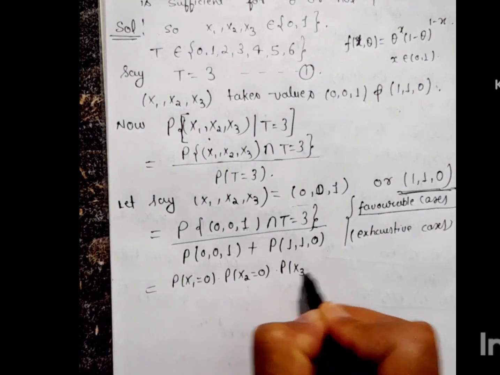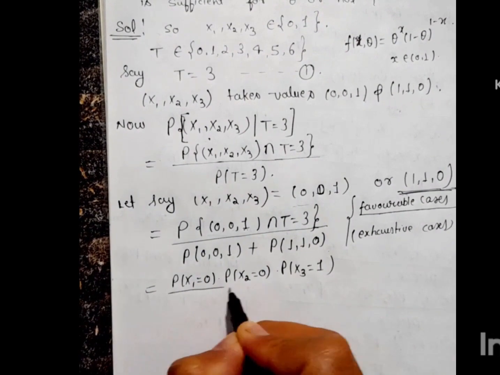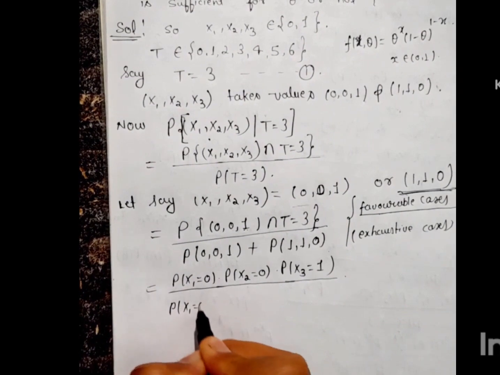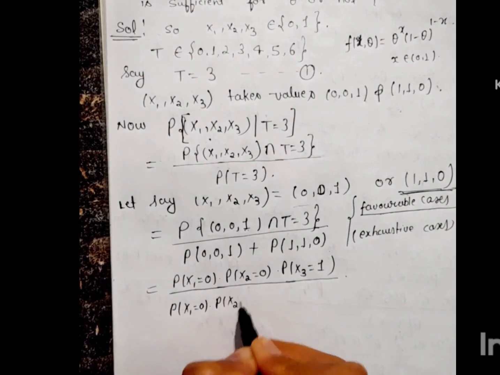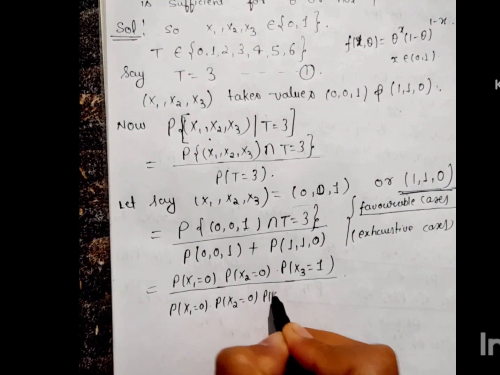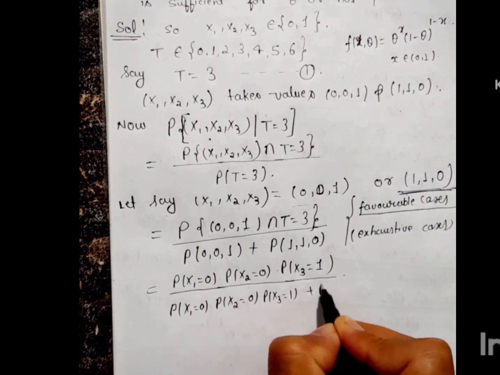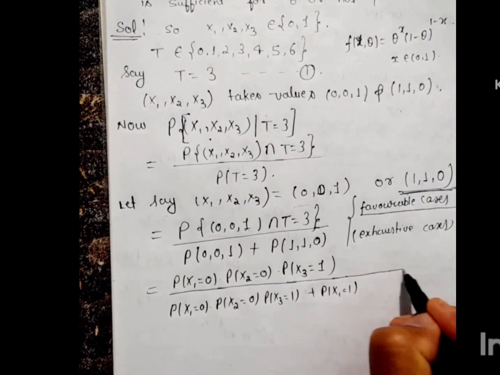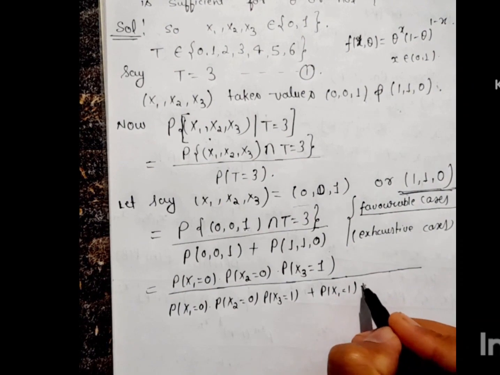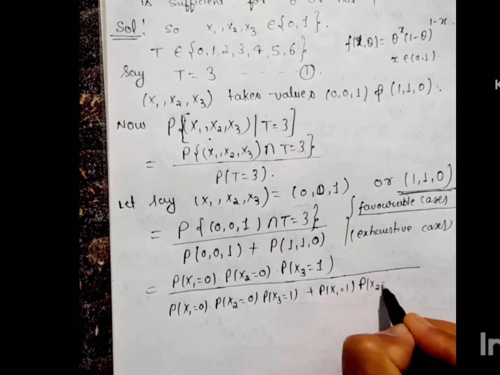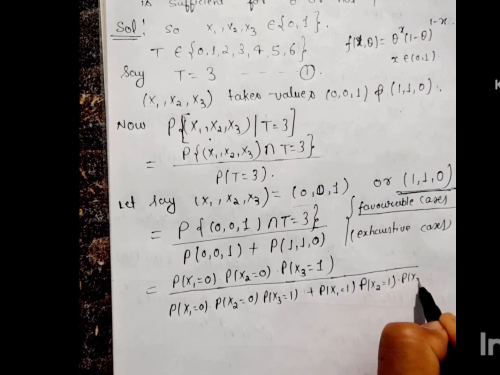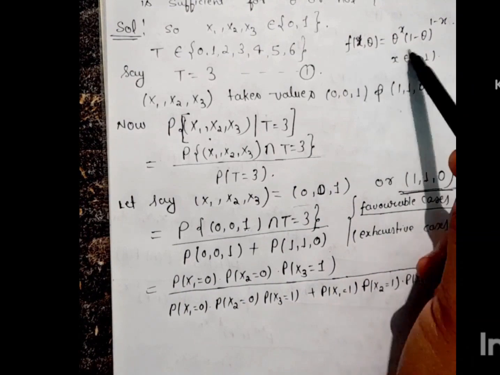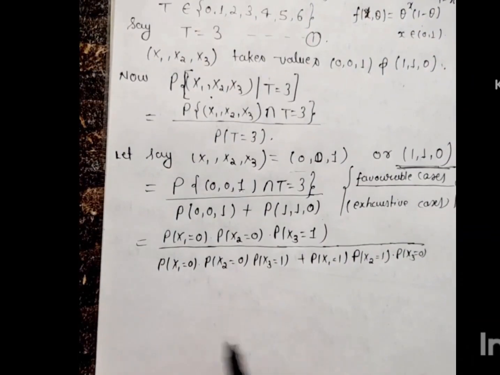Since X1, X2 and X3 are IID, we can write it as a product, similar to the last question, divided by, again since they are IID, the product of the probabilities of X1, X2 and X3. So now we have the PMF, and we put the value of x.